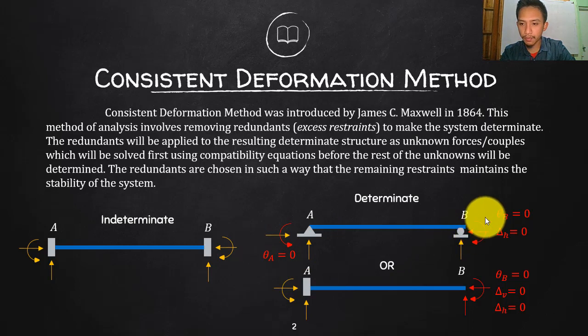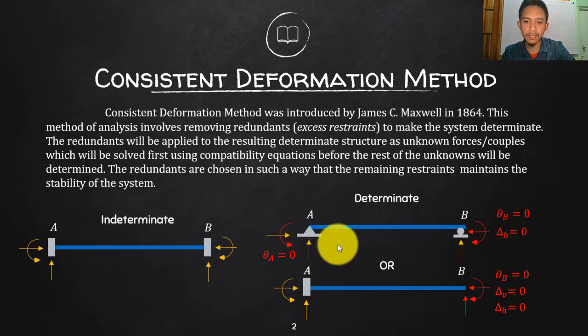However, if I remove here too, let's say I remove the moment and the horizontal restraint or reaction here, then that will just be reacting against vertical, so that will serve as a roller. So this color orange here will now be the resulting reactions of the determinate structure. So 1, 2, 3. You now have only 3 reactions.